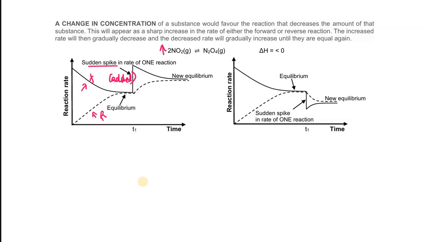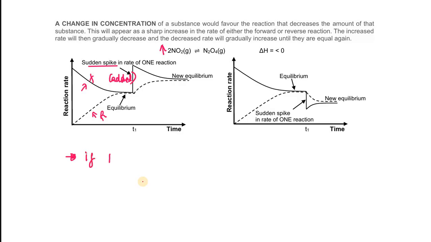Why does it spike up? It's telling you that we're favoring the forward reaction rapidly, very fast. You understand?